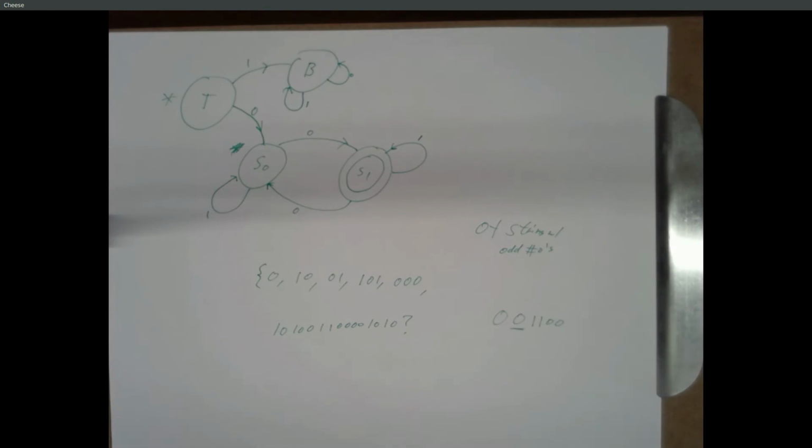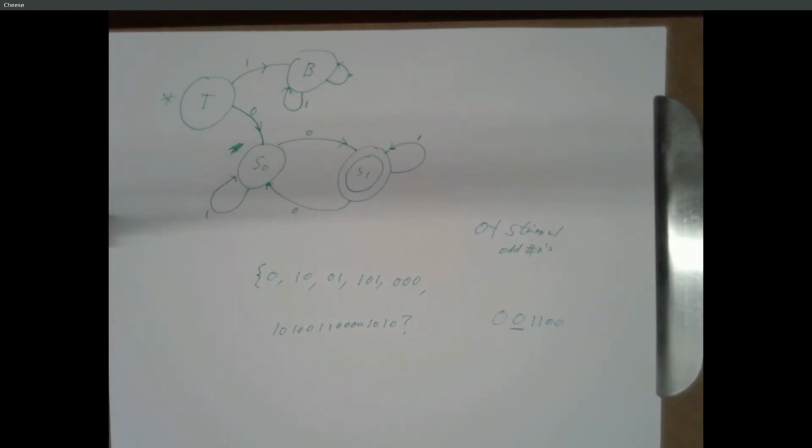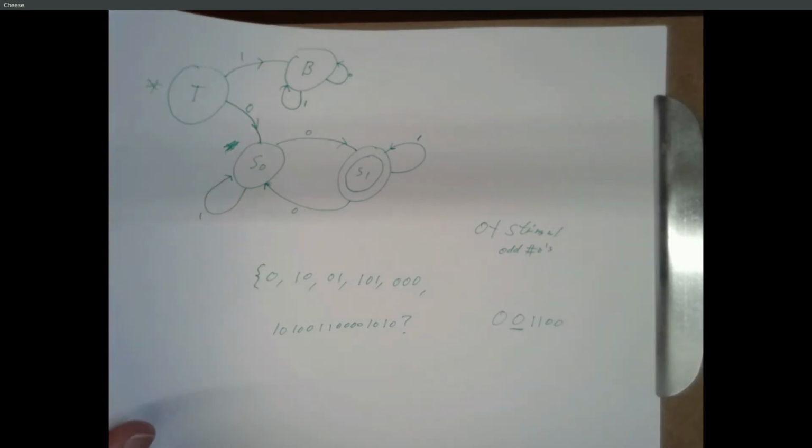And now any string that starts with something other than a 0, you're just stuck in that state forever. It's never going to recognize it. But if you start with a 0, then it'll do our old, let's recognize an odd number of zeros. So you can start building these things together. And it almost feels like programming. And at some point it is.